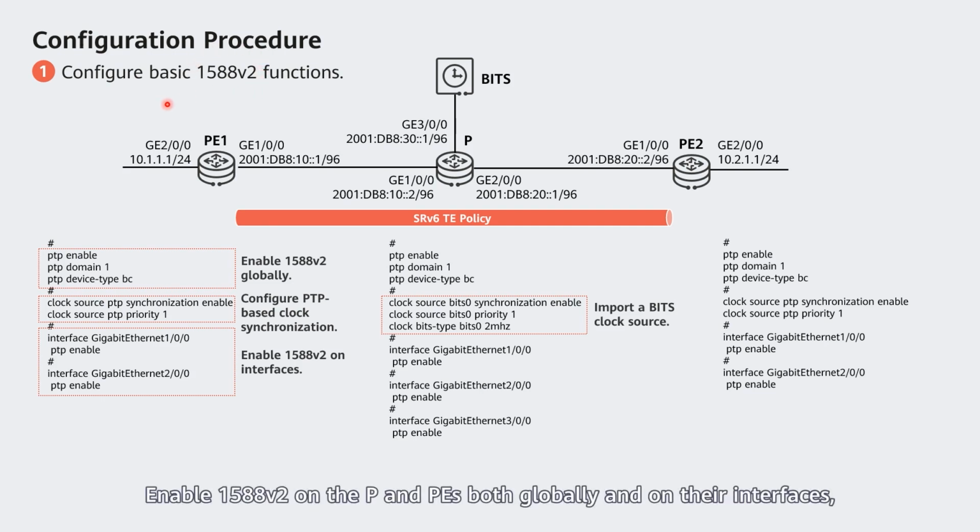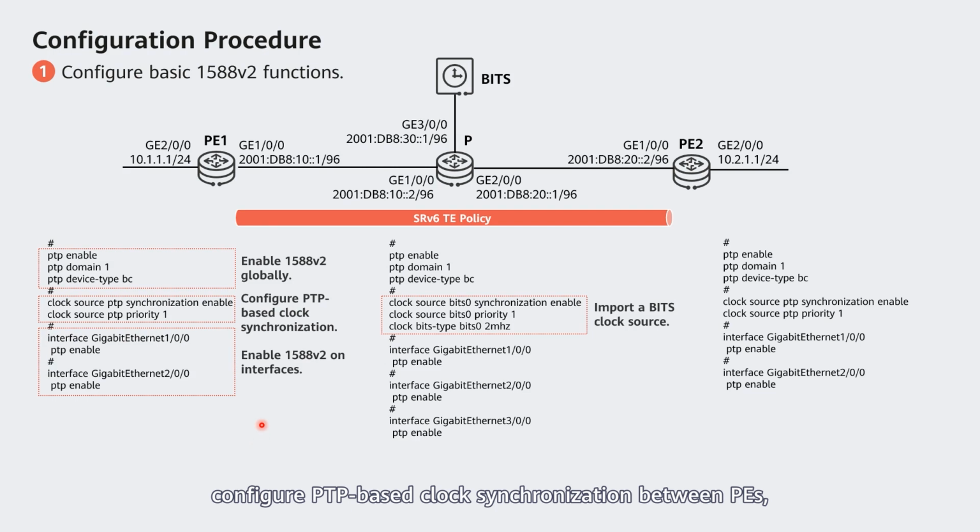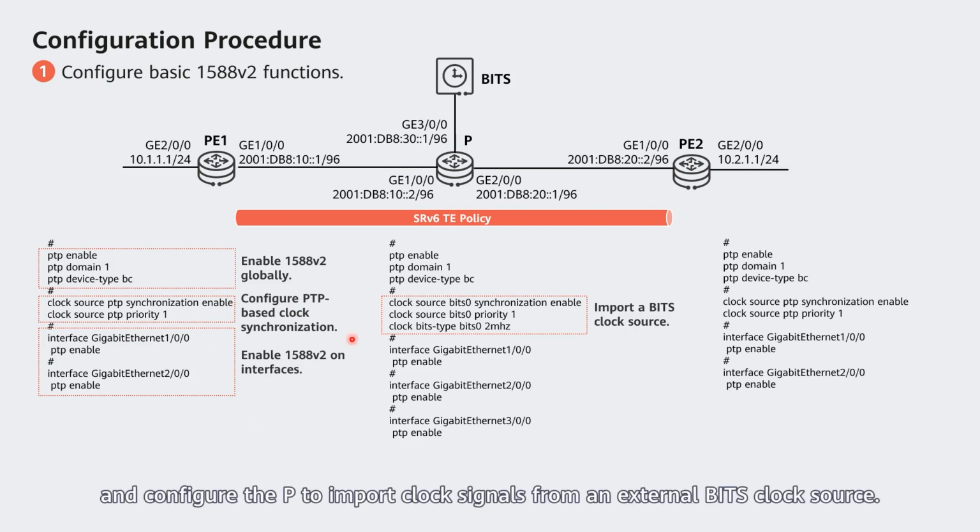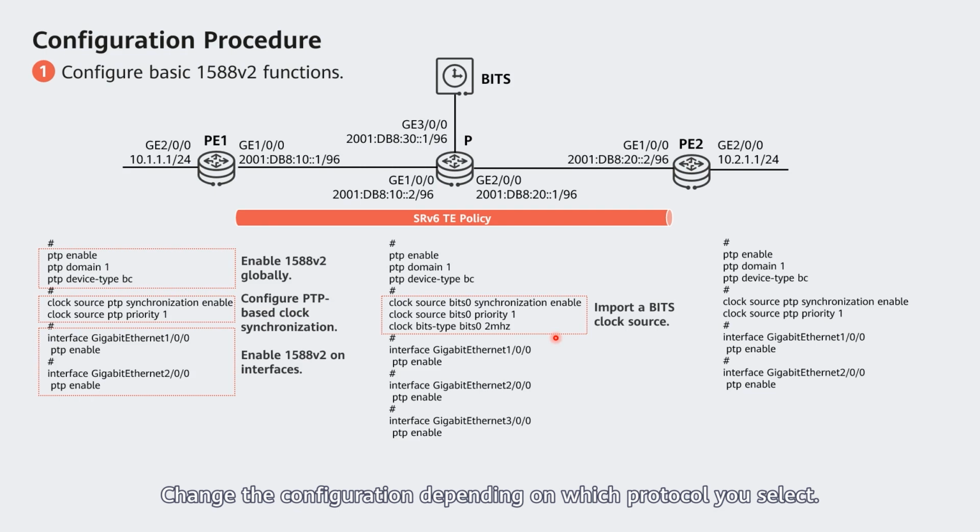Enable 1588v2 on the P and PEs both globally and on their interfaces. Configure PTP-based clock synchronization between PEs, and configure the P to import clock signals from an external bits clock source. Change the configuration depending on which protocol you select. Note that you must deploy the NTP high-precision clock if you want to implement delay measurement.